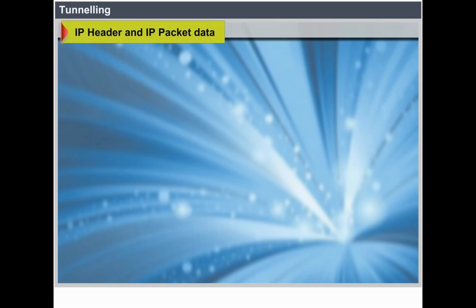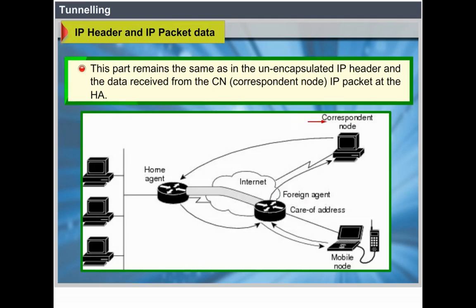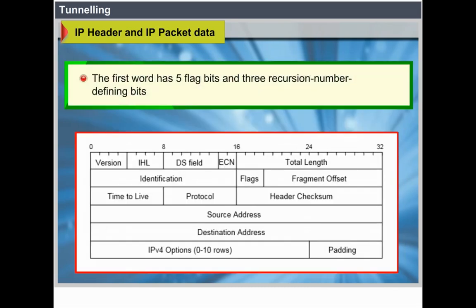Third, the IP header and IP packet data. This part remains the same, as it is the unencapsulated IP header and the data received from the CN correspondent node IP packet at the HA. The first word has 5 flag bits and 3 recursion number defining bits.